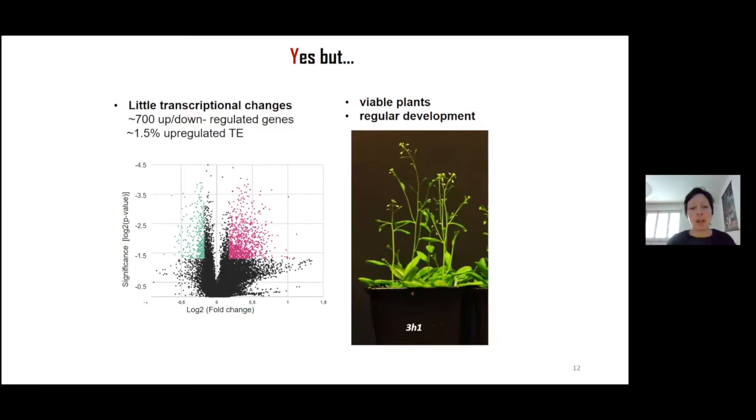In fact, we see only 700 genes which are altogether either upregulated, that's the pink fraction, or downregulated, that's the green fraction. When we also look at the transposable elements, because remember the heterochromatin is completely decompacted, we could expect that transposable elements are now de-repressed like crazy, but it's not the case. There's only 1.5% of them which are upregulated.